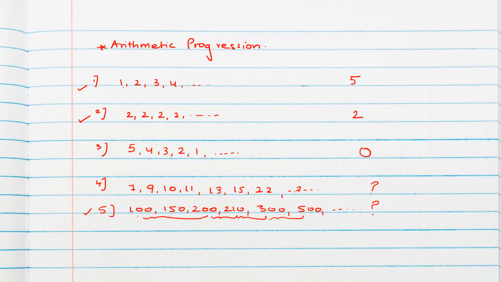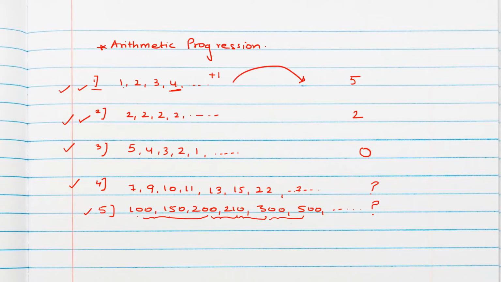Okay. So what is AP? AP is a list of numbers in which you can find the next number by adding a fixed number to the previous number. Understood? In example 1, we added 1 to the previous number to get the next number.